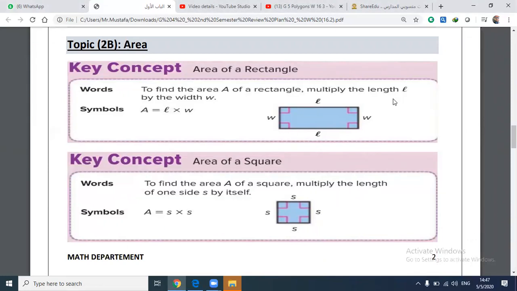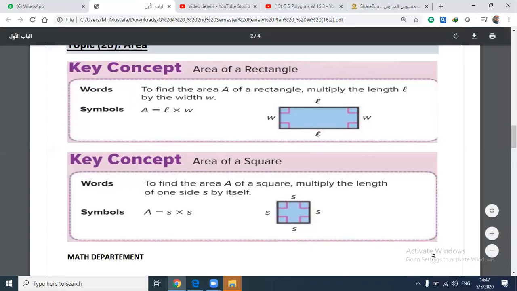The area of a rectangle is length times width. And the area of a square is side length times side length. I can use these formulas. Remember again, area of a rectangle is length times width, and the area of a square is side length times side length.